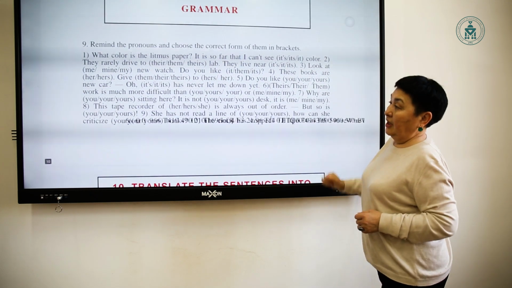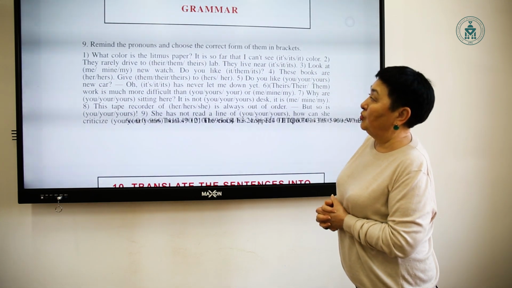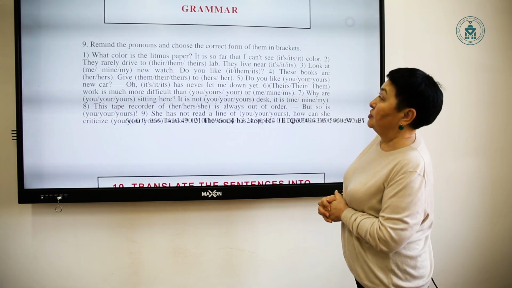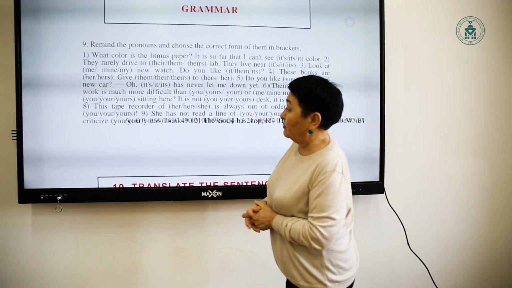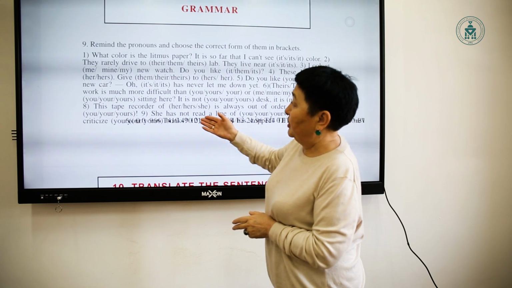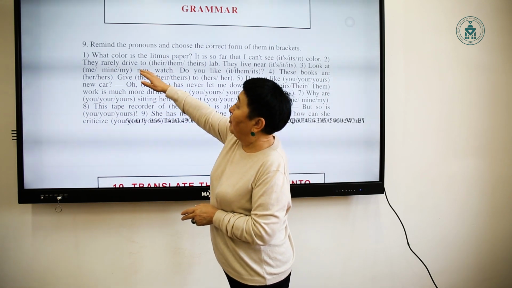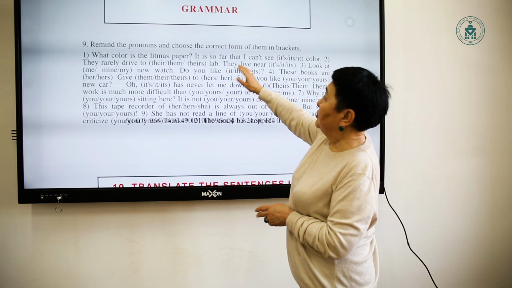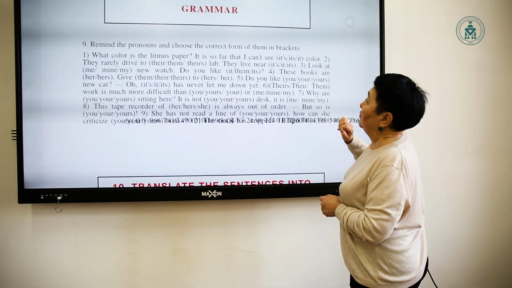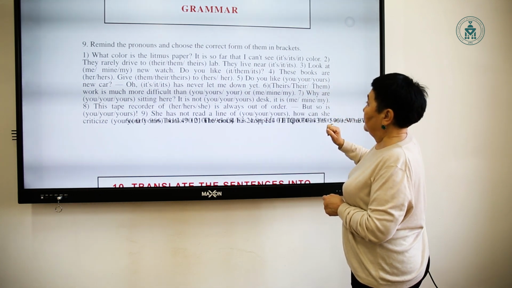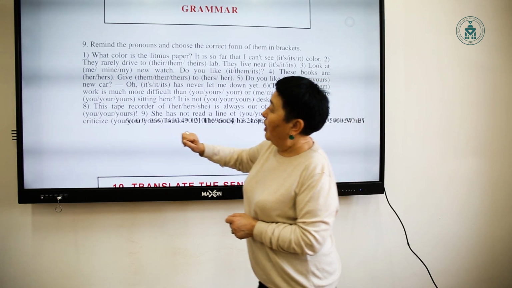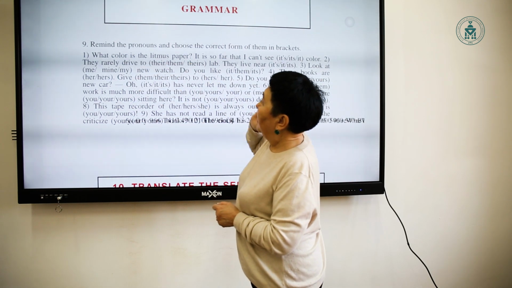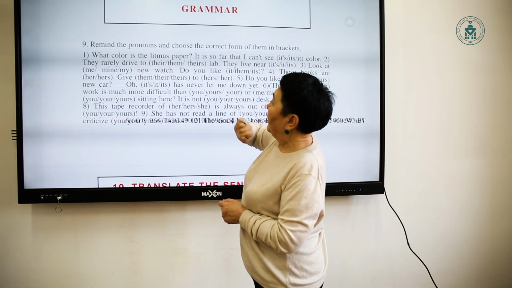And of course, as for this case, we do need to use grammar. In this exercise, they need just to remind the pronouns and choose the correct form of them in brackets. For example, what color is the litmus paper?